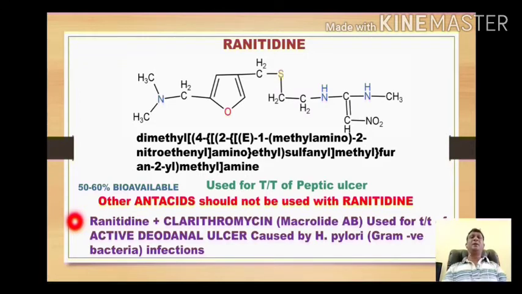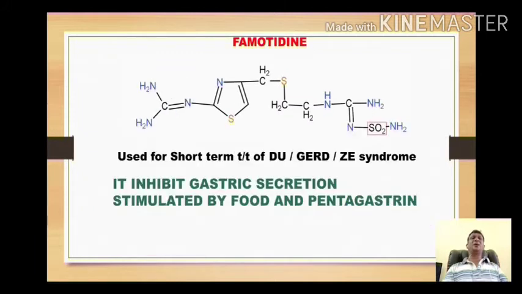A good example of use of ranitidine is its use with clarithromycin. Clarithromycin is a macrolide antibiotic, and this combination is used for treatment of duodenal ulcer caused by the gram-negative bacteria Helicobacter pylori.